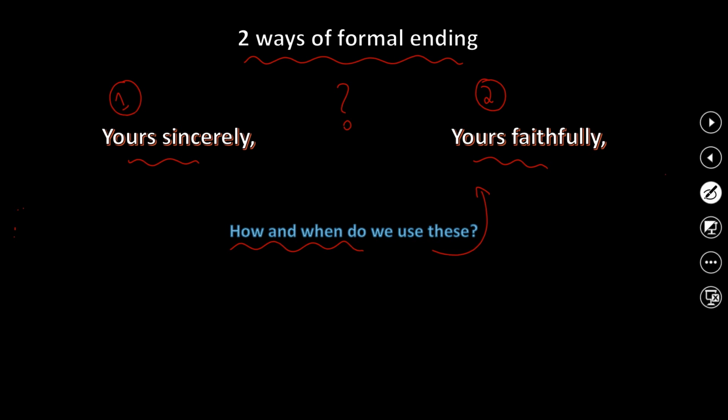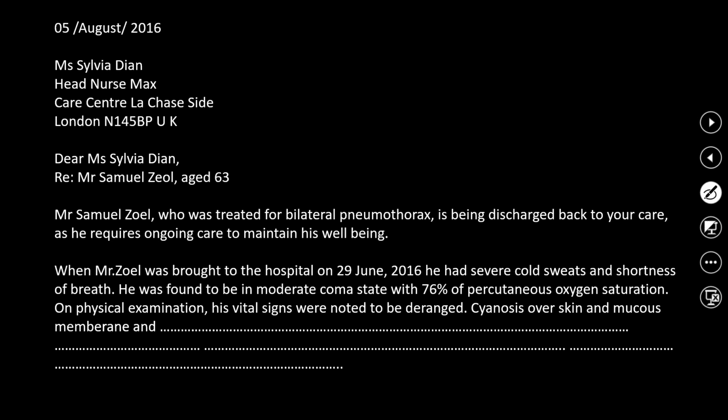Let's look at an example. Now this is not a complete letter, but it's a first half of a letter. Now we know certain things that are important things to be included in a letter, basically what we call a format of a letter. So in this particular sample that you see on the board, I've begun with the date, and this is a person I'm writing to. It is Miss Sylvia Dine, and then her address.